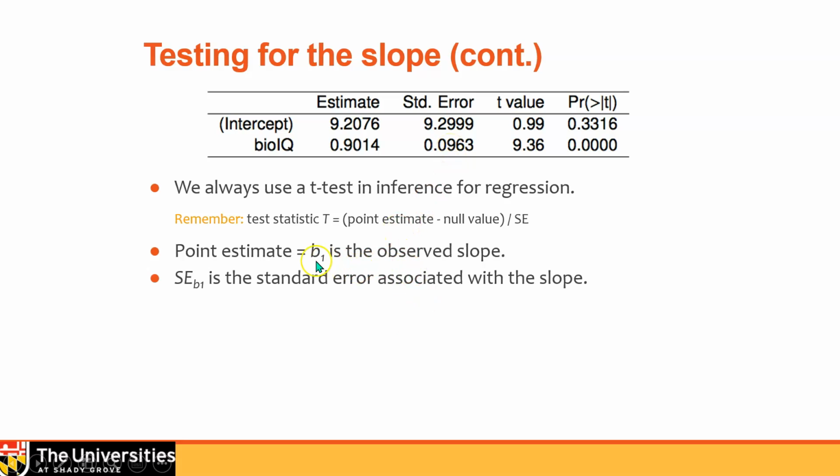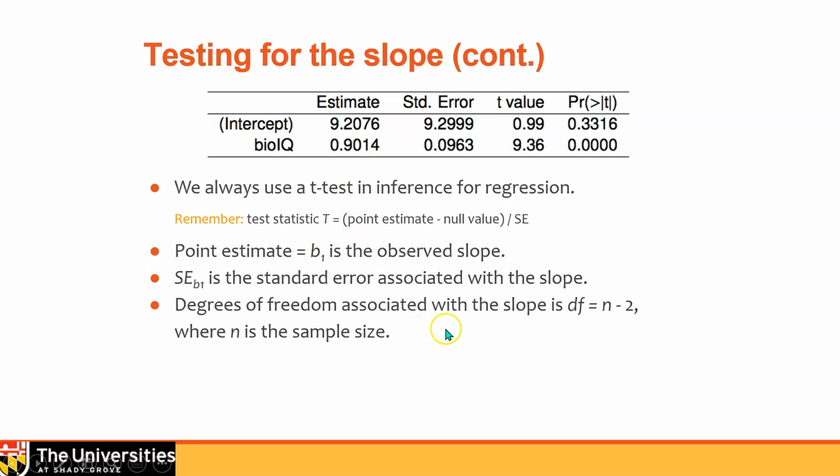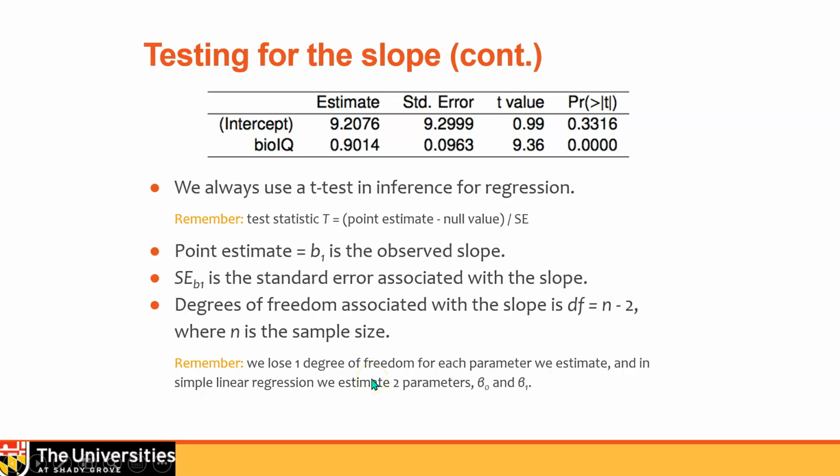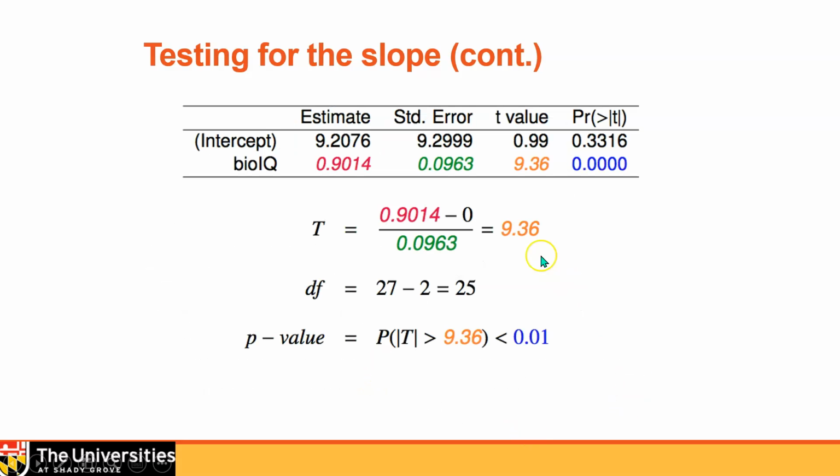Our point estimate is b1, that's the observed slope. The degrees of freedom here are n minus 2 instead of n minus 1. And so that's where you get the 9.36.